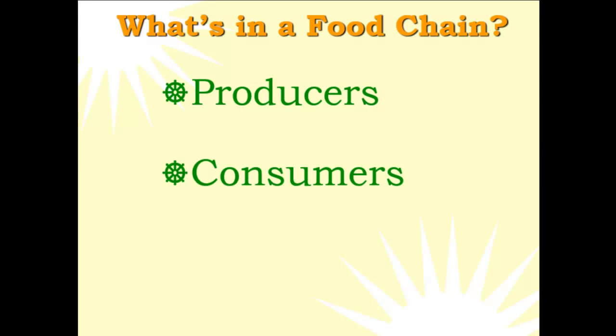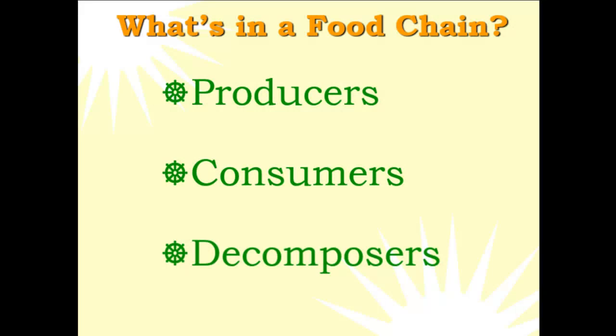Okay, so what's in a food chain? You have producers, you have consumers, and you, of course, have decomposers. A producer now is defined as something with the ability to make its own food. It could also be called an autotroph.